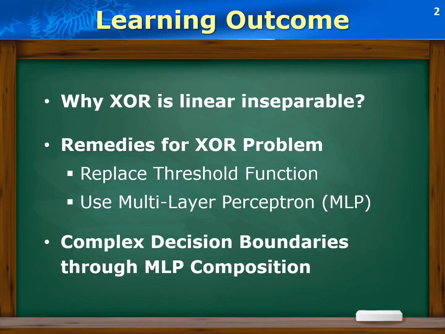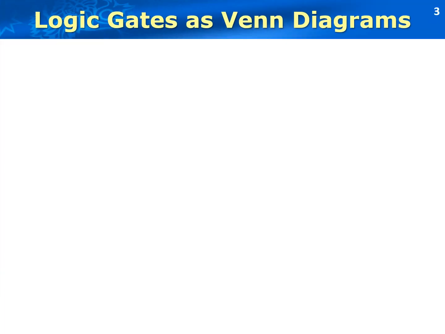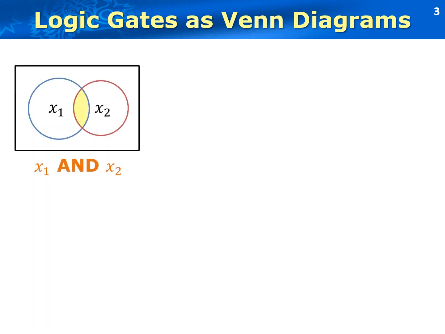Before introducing the MLP perceptron model, let's first look at the Venn diagrams of the logic gates, which is an effective way of visualizing logical relations among a collection of different sets. Given two sets x1 and x2, the overlapping region in yellow, included in both x1 and x2, represents the AND gate, which is the intersection of x1 and x2.